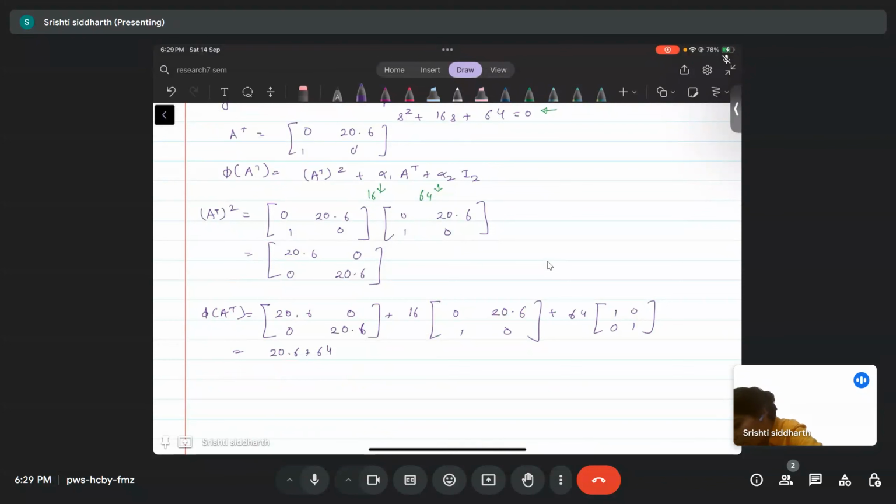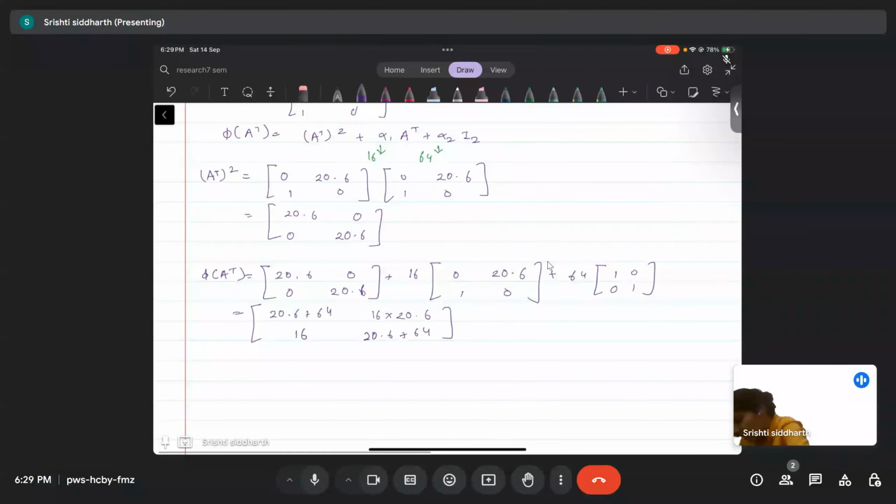Then the second element is simply 16 times 20.6. Then we have 2 zeros, just 16, and finally 20.6 plus 64 again. So this is phi of A transpose. You can simplify this further.